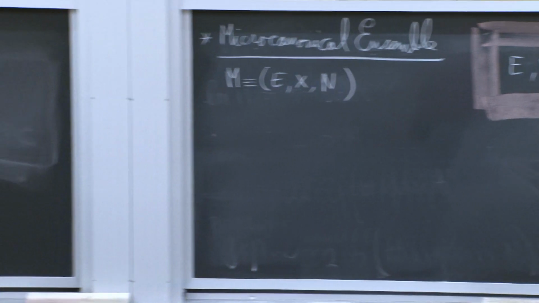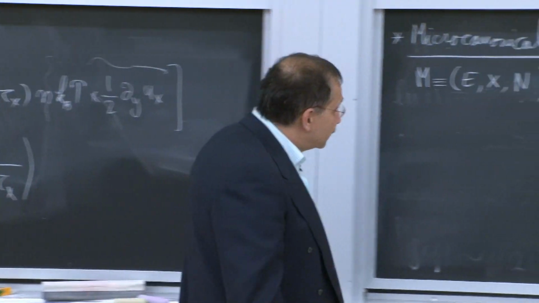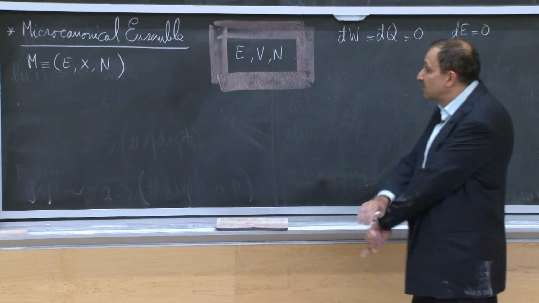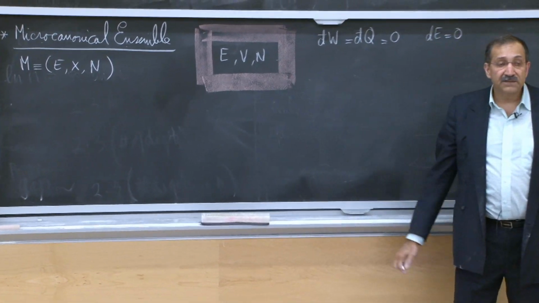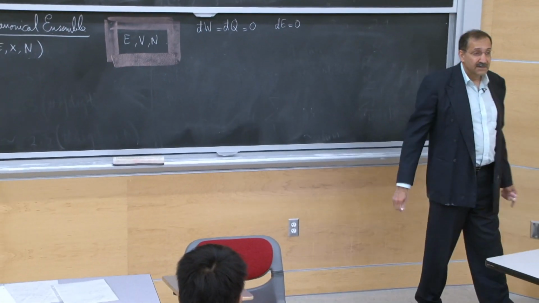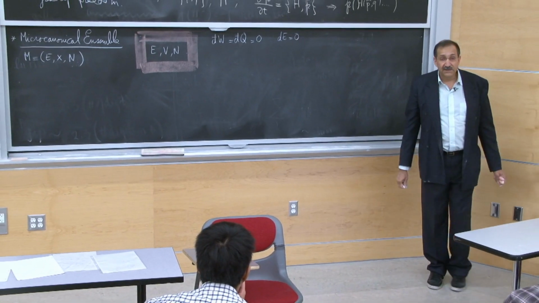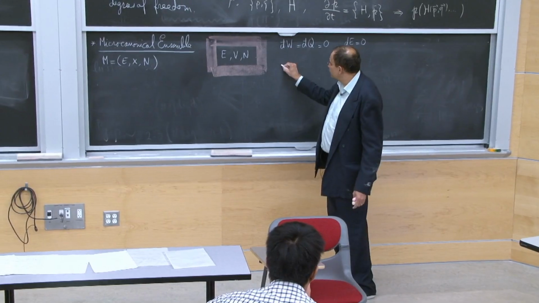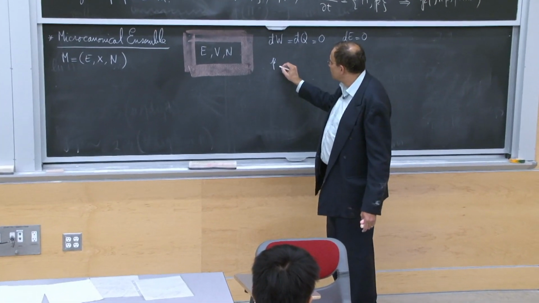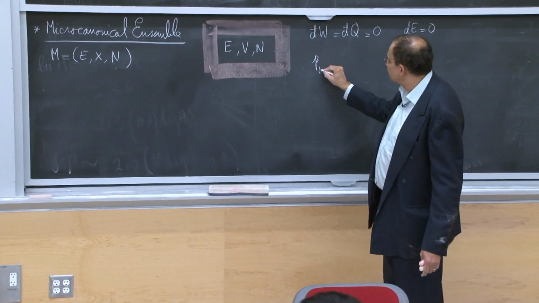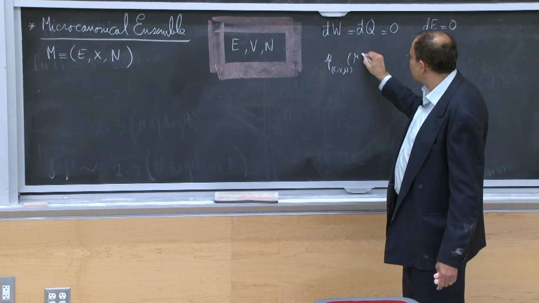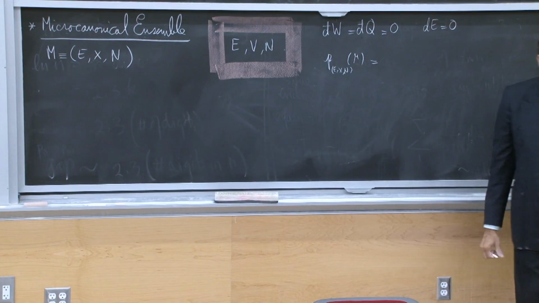Of course, there's a whole collection of different microstates that would correspond to the same macrostate here. So presumably, this bunch of particles inside explore a huge multidimensional microstate space. And what I want to do is to assign a probability, given that I have fixed E, X, and N, that a particular microstate occurs.